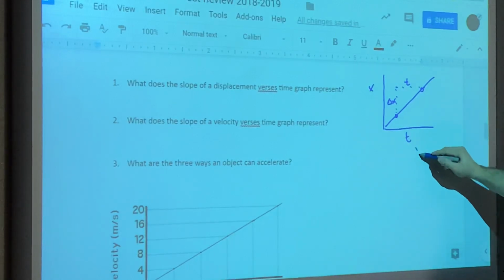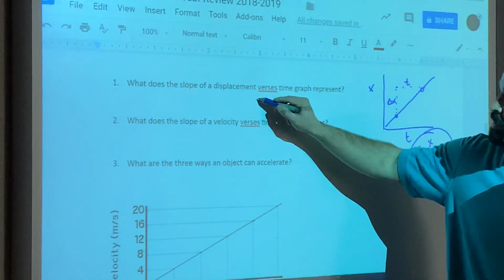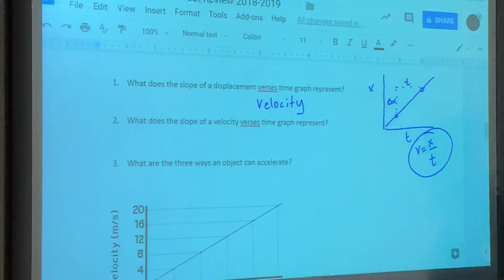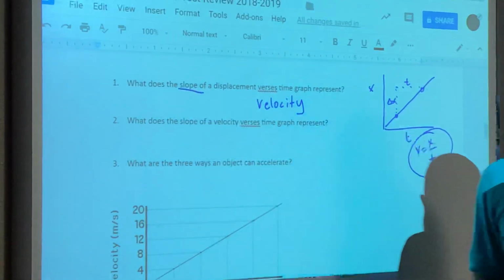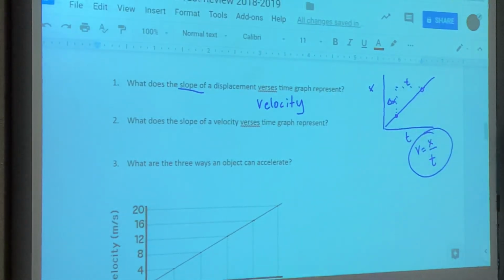That ends up being the equation for velocity. It's x over t. So the answer to this, what does the slope equal? It's the velocity. On a displacement versus time graph, where we're looking at position of objects, you're actually finding the velocity if you find the slope on that graph, because you're doing distance, position, divided by time.